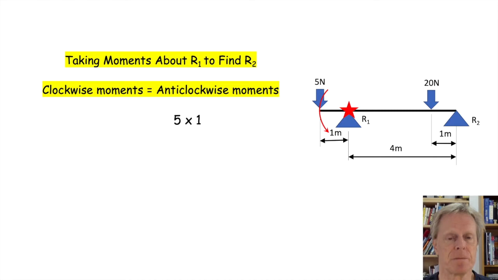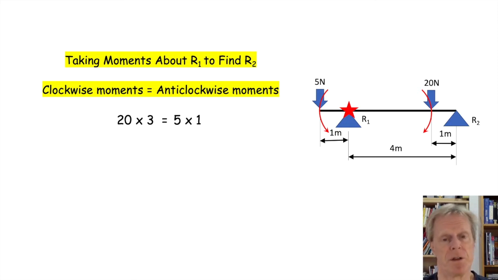We go down the beam to the second load, which is the 20 Newton load. That's pushing downwards again, so it will tend to turn the beam in a clockwise direction. And we know that it's 3 metres out from the pivot. Therefore, we can put in 20 times 3 on the clockwise side equals 5 times 1.